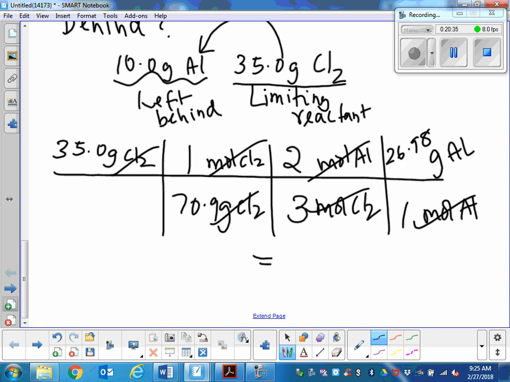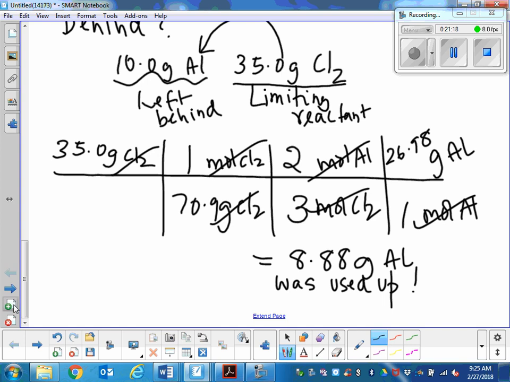So what is this answer, guys? 26.98. How much? 8.88. Is everybody getting this? 8.88 grams of aluminum was used up. Write that down.